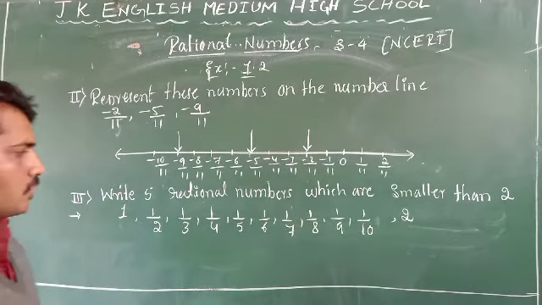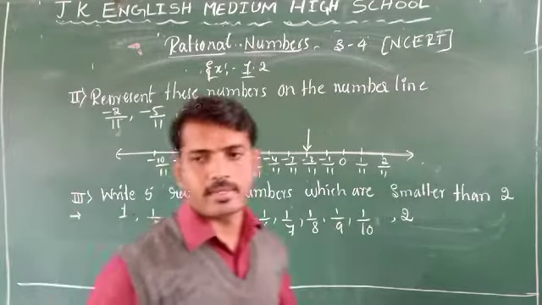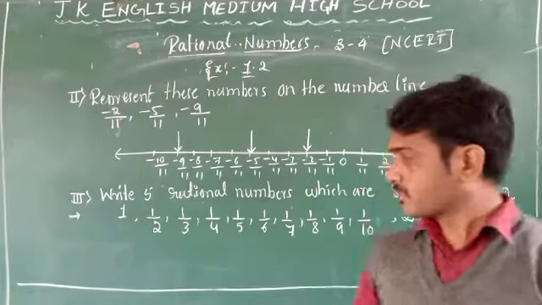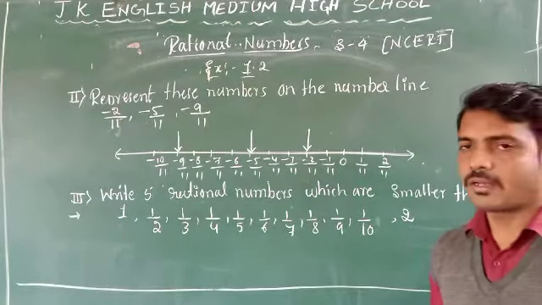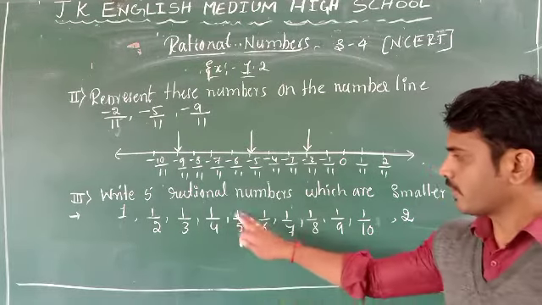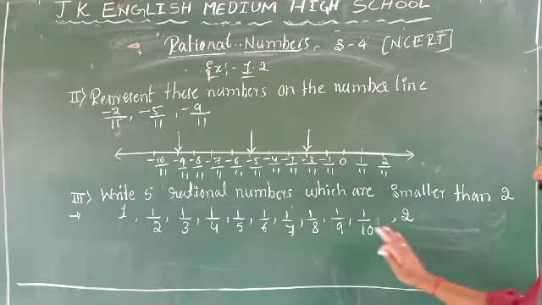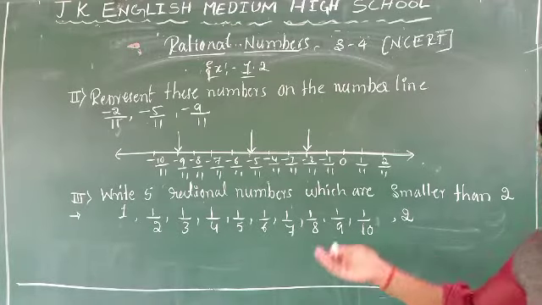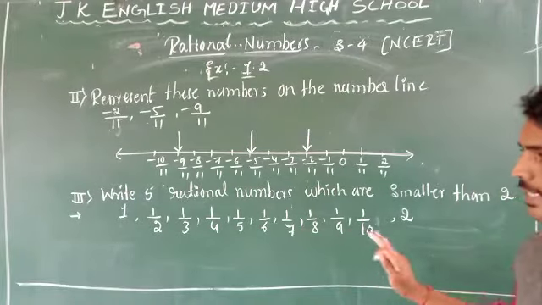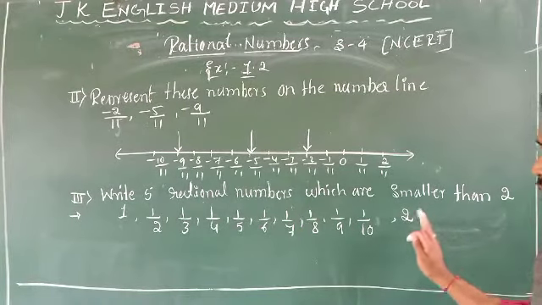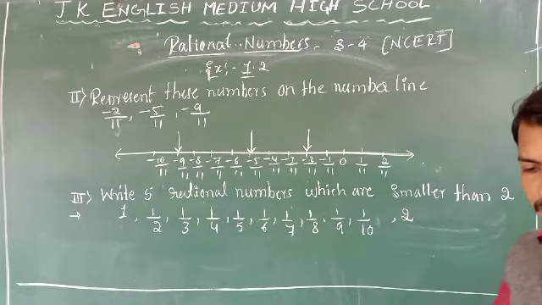That means don't write a larger numerator. Understand? You just write a smaller numerator and a larger denominator, so the value will be less than 2. There are still more, but I have given only 10 numbers, and those are less than 1. Clear?